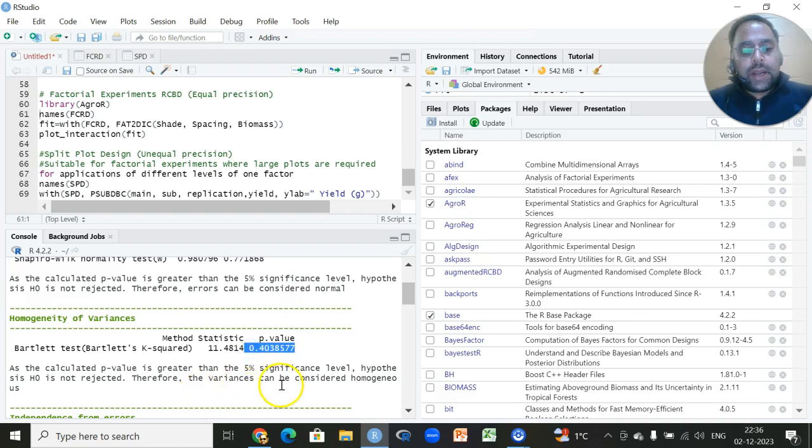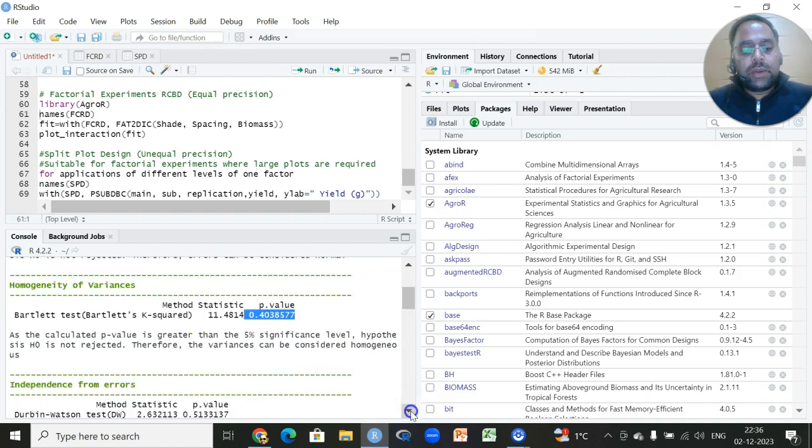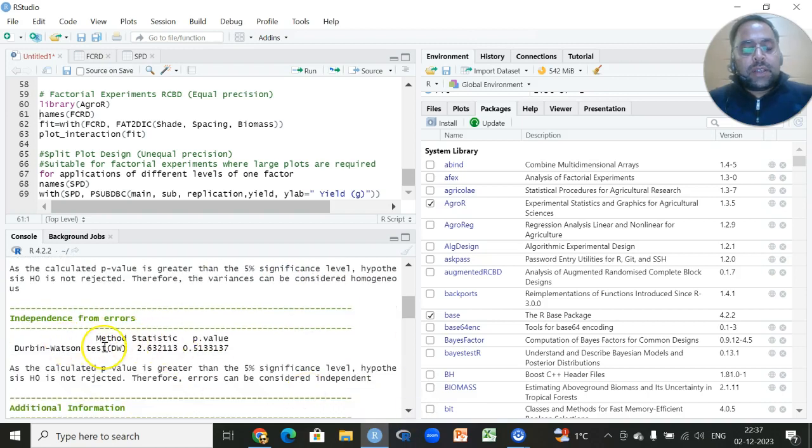Again, the error variances are considered to be homogeneous. The Durbin-Watson test is also non-significant, and we have clear evidence that the errors can be considered independent. That means errors are normally distributed as well as independently and identically distributed.